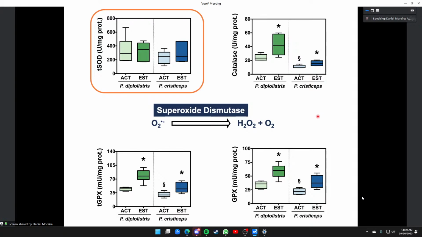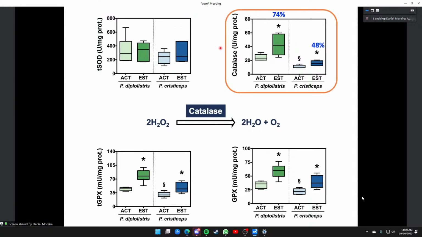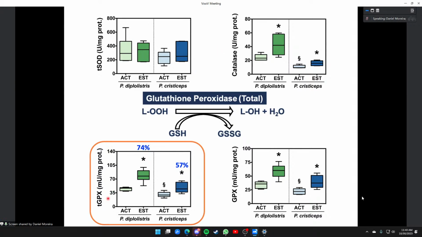Here for the antioxidant enzymes, we had a huge variability in superoxide dismutase activity, regardless of the metabolic state or the species. There was a huge variation, and we didn't see any difference. But for catalase, we saw an increase during estivation for both species. We also observed an increase in GPX activity when using lipid hydroperoxide as substrate.